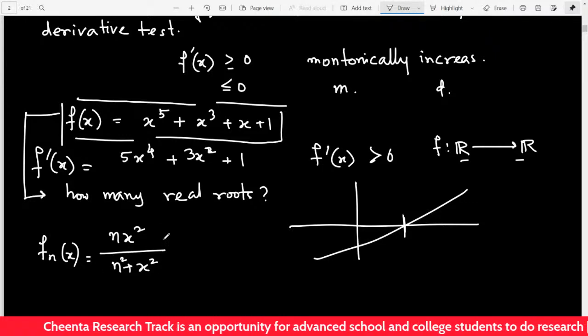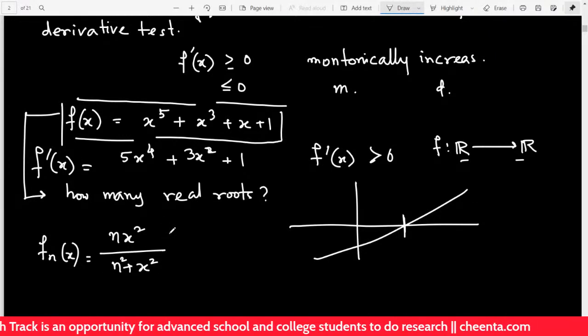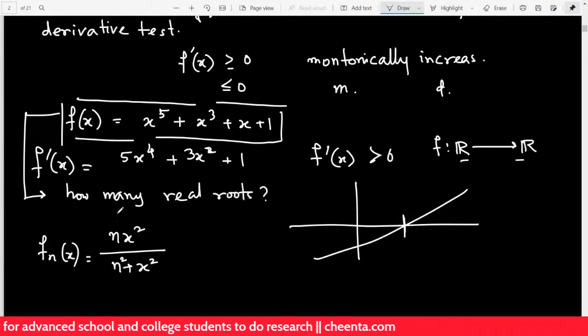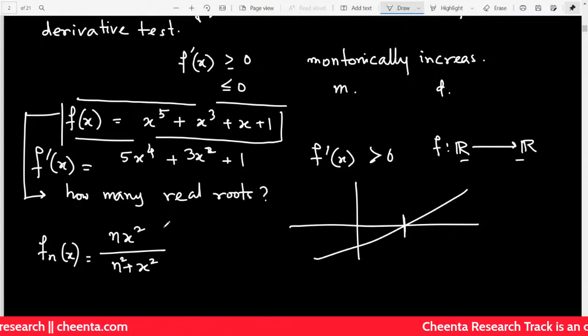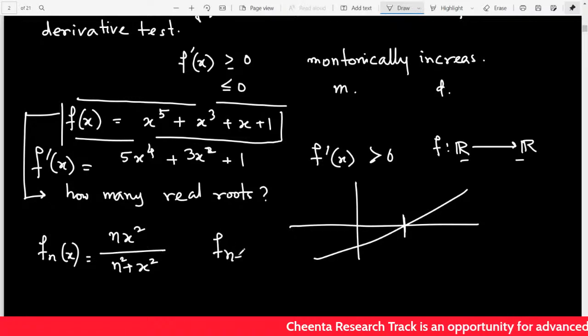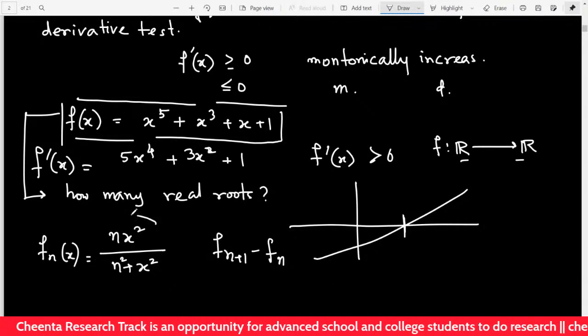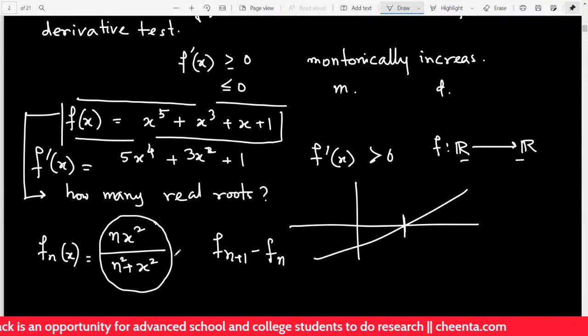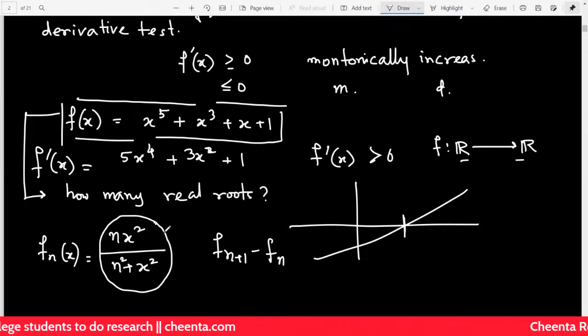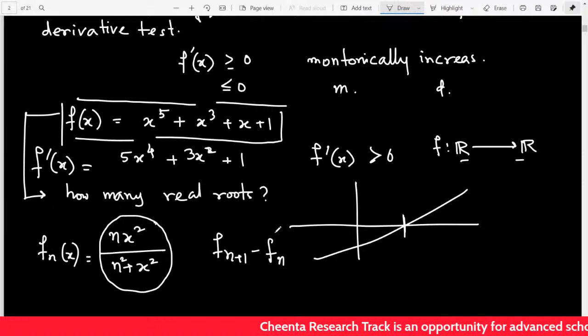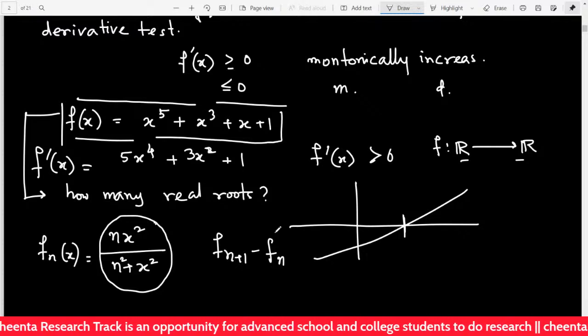Is this sequence of functions increasing or decreasing in n, or for the variable x? In this scenario, it is sufficient to check f n plus 1 minus f n. But for this type of function, if you needed to check the increasingness or decreasingness in x, then you go for the first derivative test, where you know that the derivative will exist.